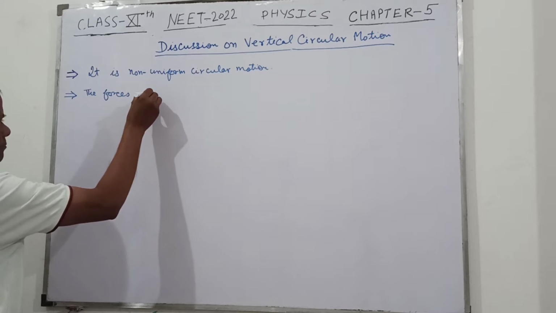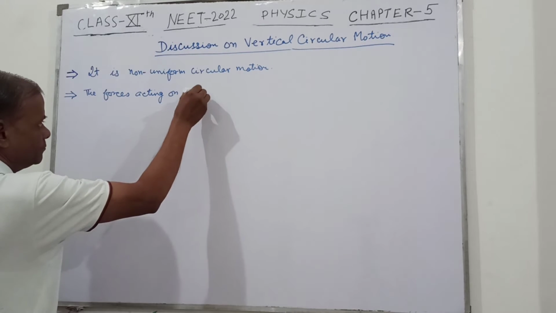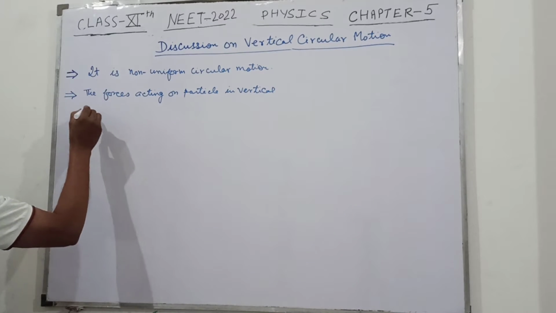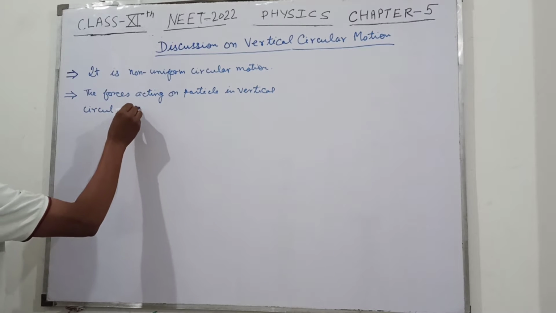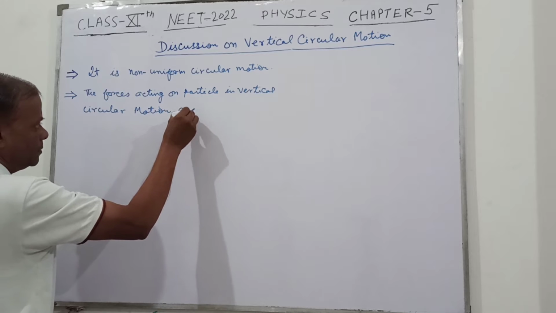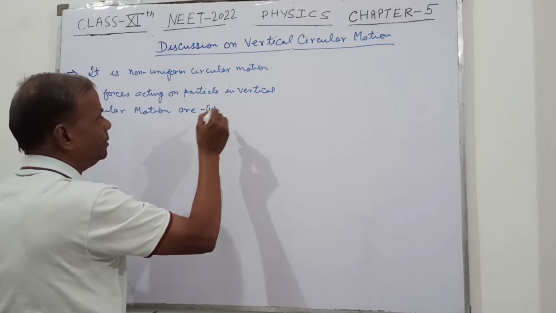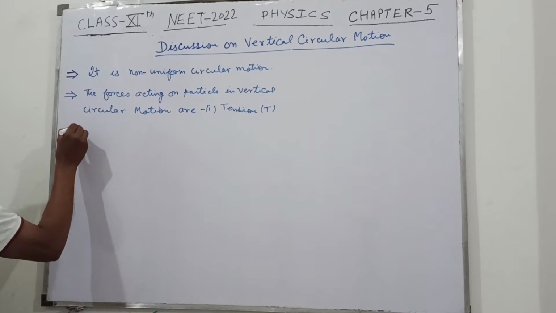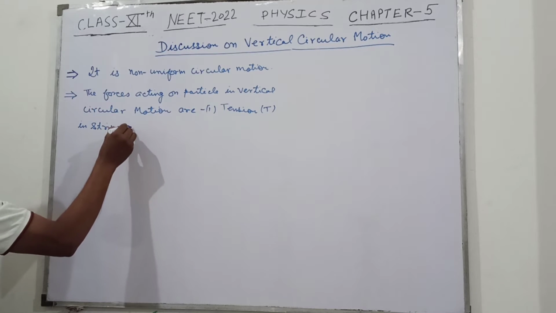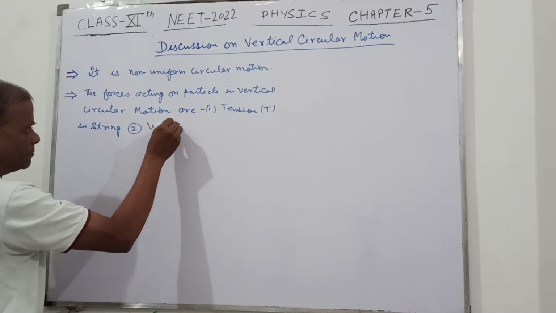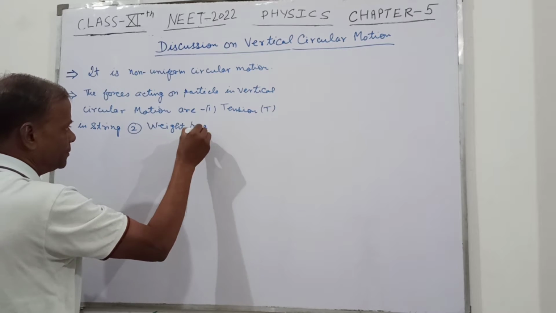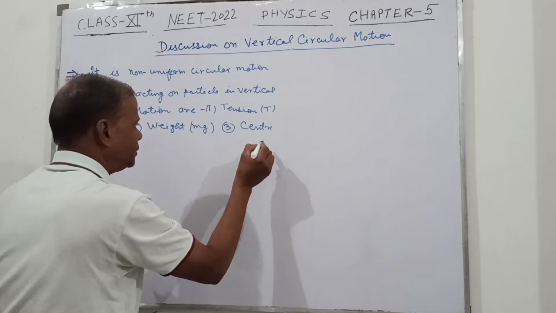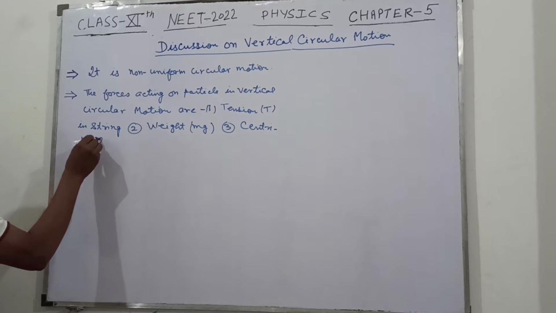The forces acting on a particle in vertical circular motion are: number one, the tension T in the string; number two, weight mg; and number three, centripetal force.